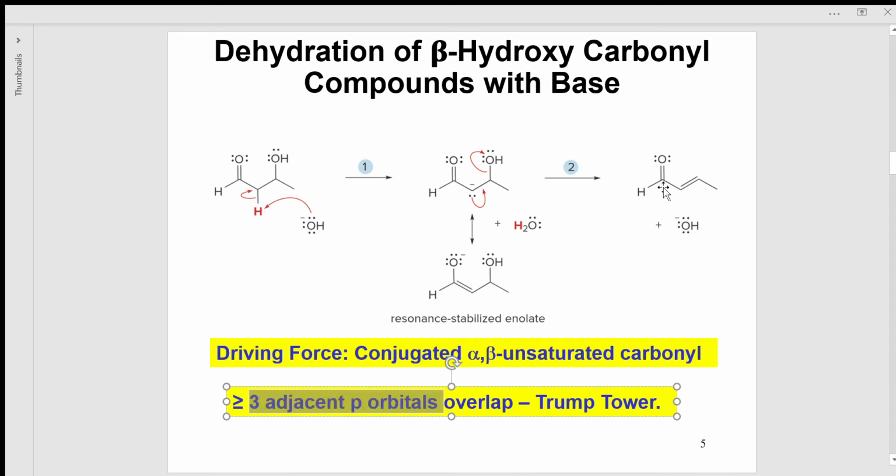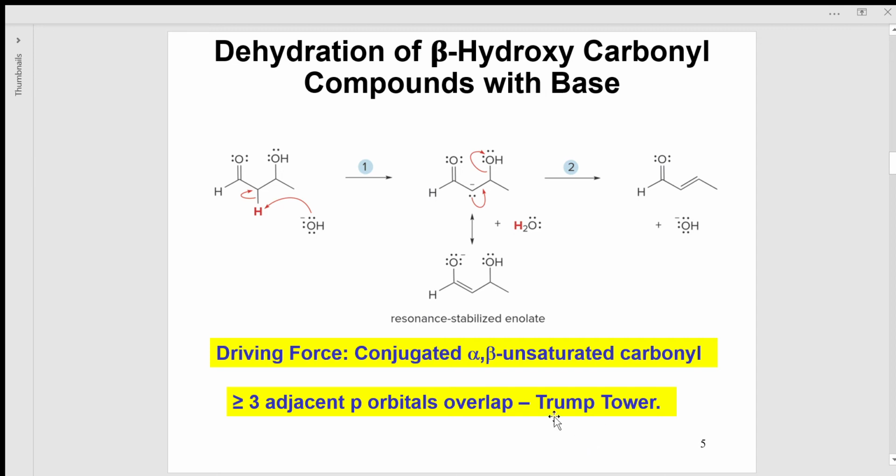Each atom provides a p orbital. So the electrons in the 4 p orbitals move around to form a conjugated system. Normally, a conjugated system will reduce the energy of the whole molecule. That's why molecules prefer to form a conjugated system whenever there is a possibility.